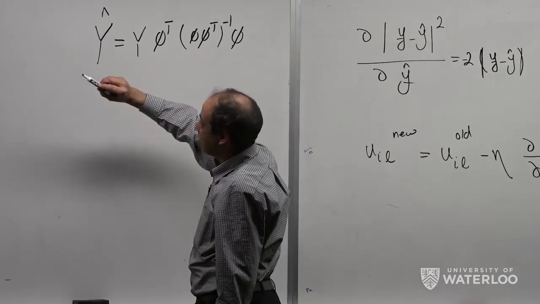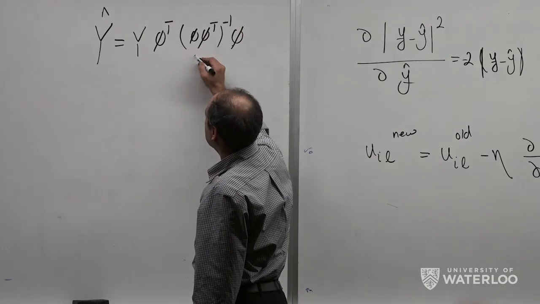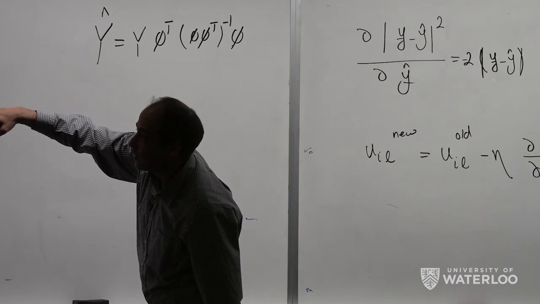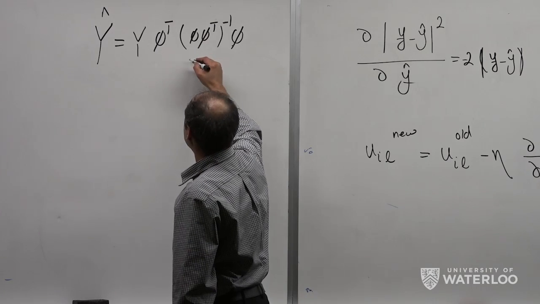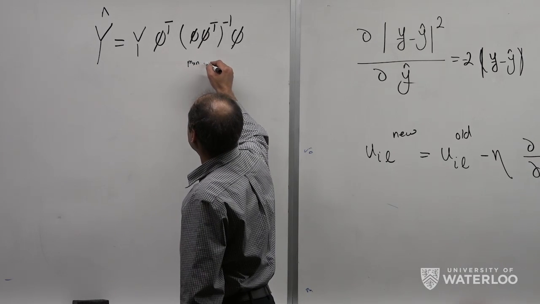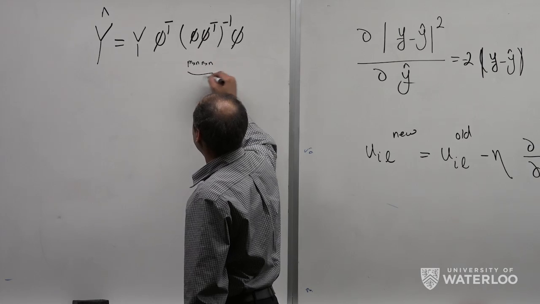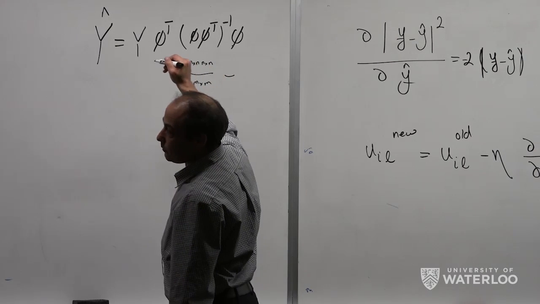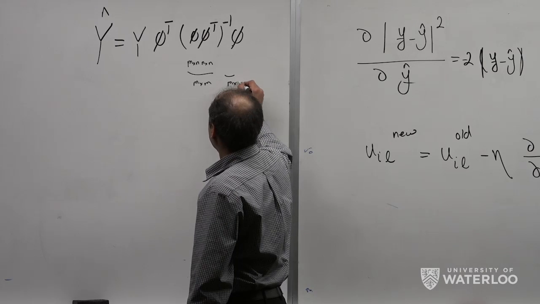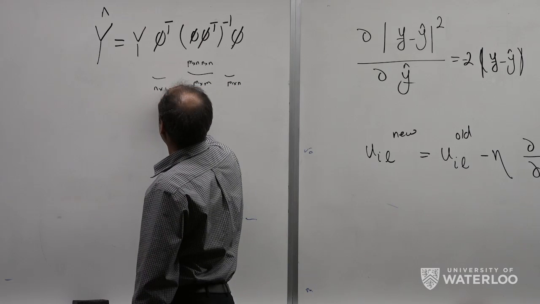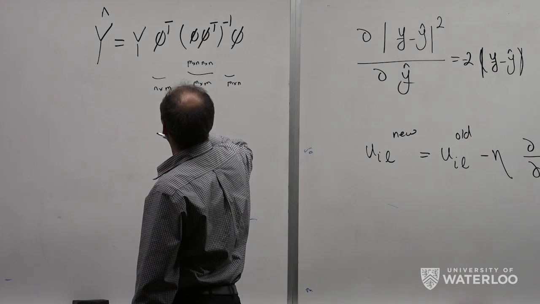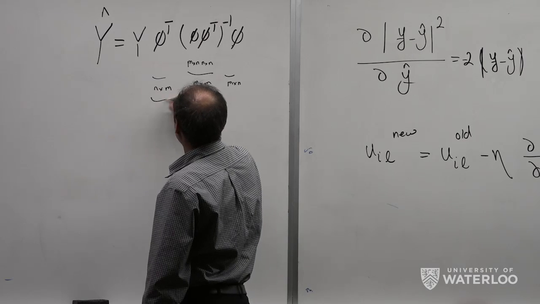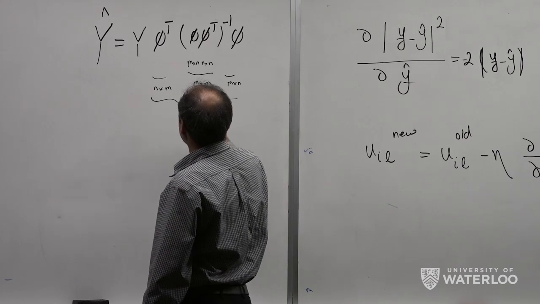In terms of dimensionality, it makes more sense because this phi is m by n, the transpose would be n by m, so phi phi transpose is m by m. And this is m by n, this is n by m. So the whole thing would be n by n.